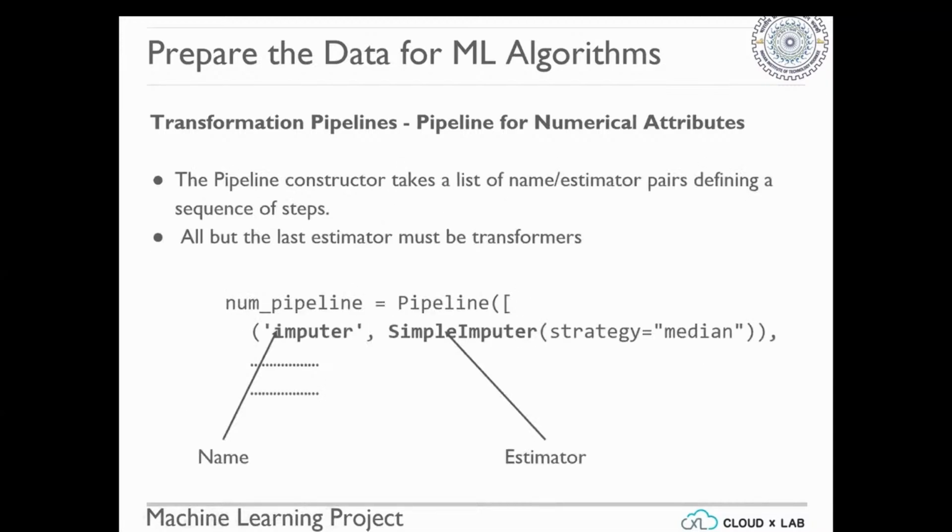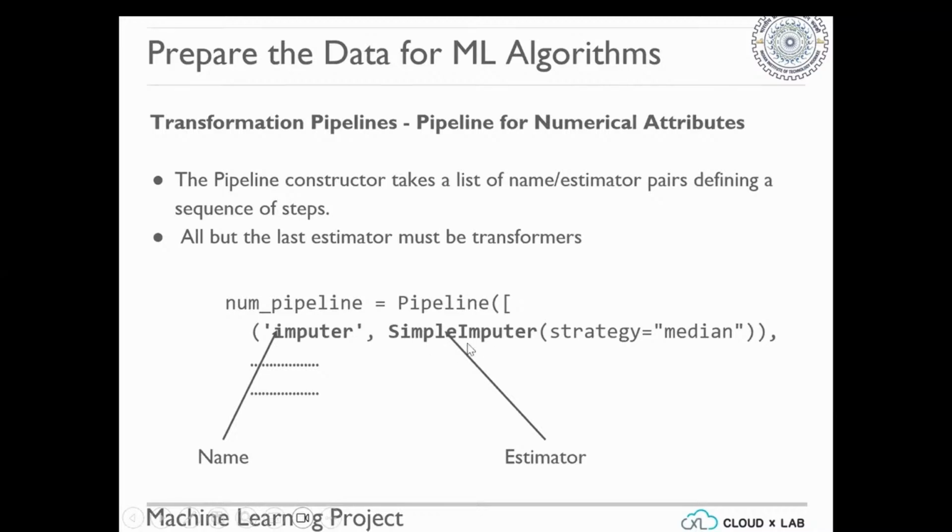Okay. So this Pipeline constructor takes a list of name/estimator pairs defining a sequence of steps, right? So here imputer is the name. You can use any name here, in fact you can write IMPTR or any name, right?